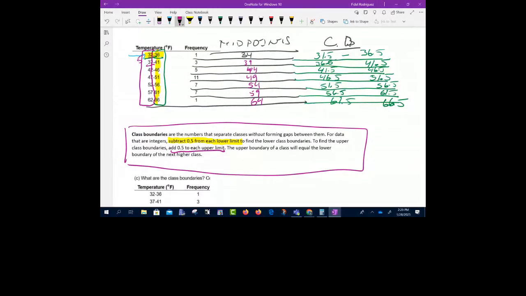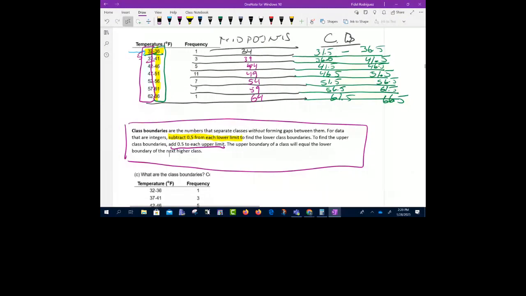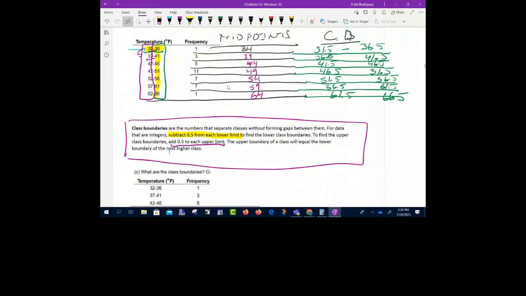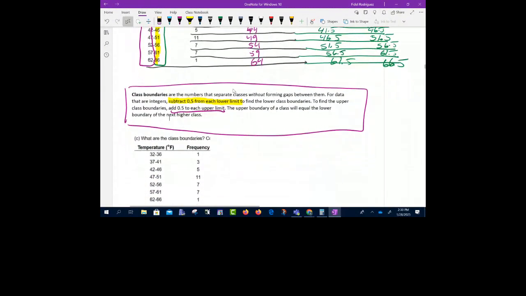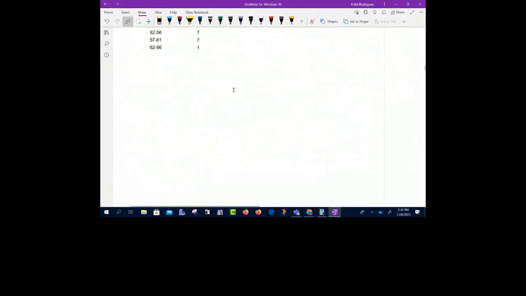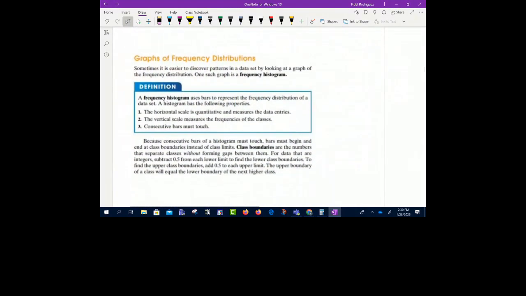So again, we were able to find the midpoint. We were able to find our class boundaries. All right. Y'all, I'm going to scroll down a little bit further. Are we good? Can I scroll? Anybody need? Okay. Let's keep scrolling. We already did the class boundaries.